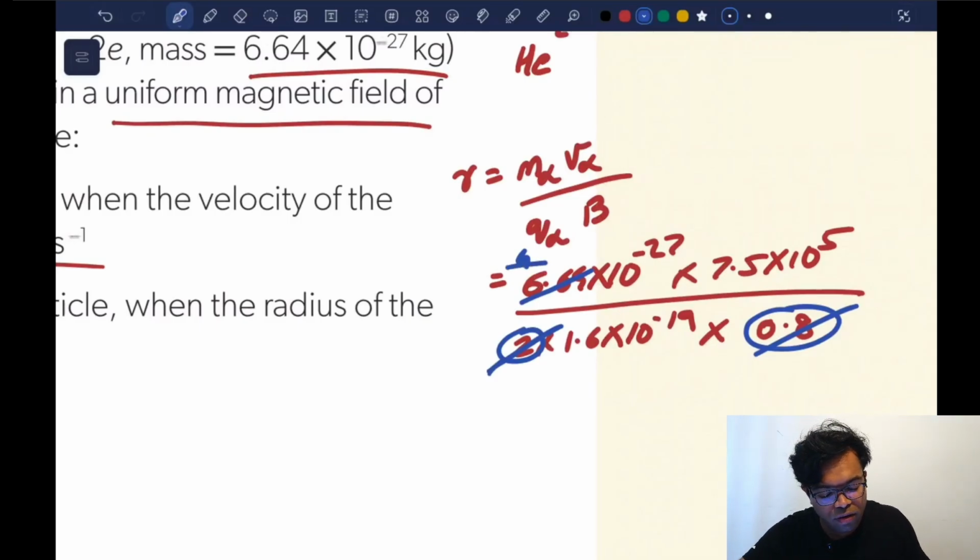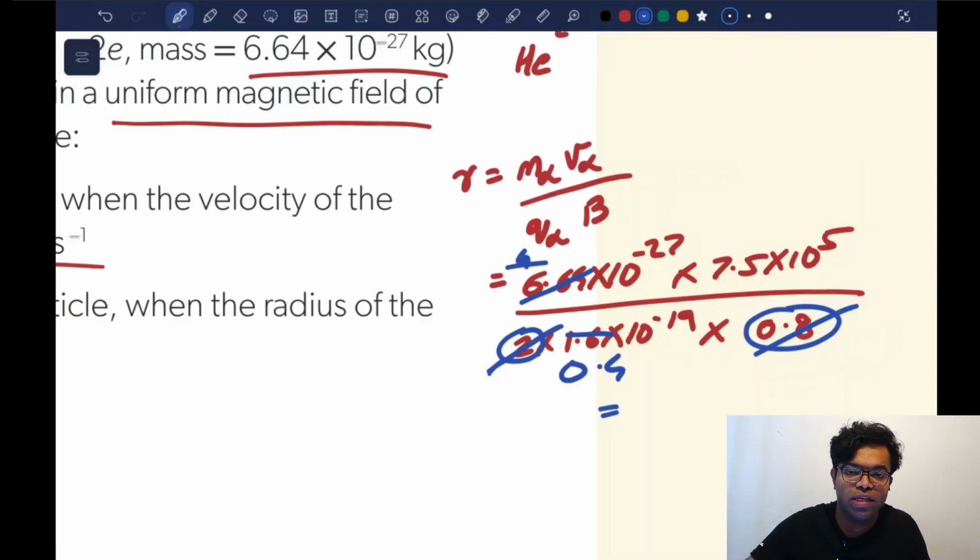Now 4 into 0.4 is 1.6. Now you are left with 10 to the power minus 27 plus 19, which is how much? Minus 8. Exactly. Minus 8 plus 5 is how much? Minus 3.